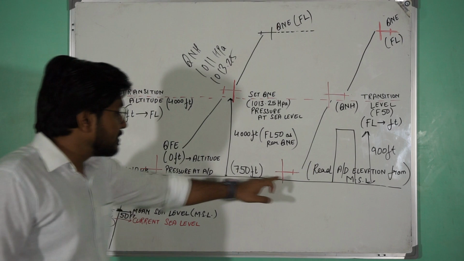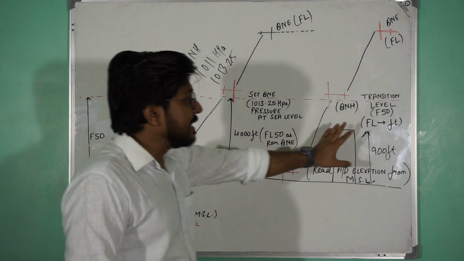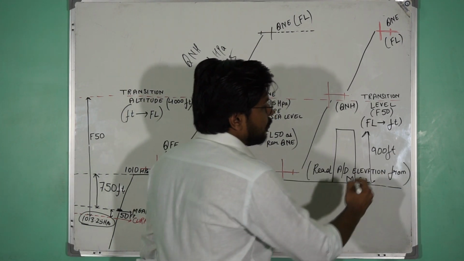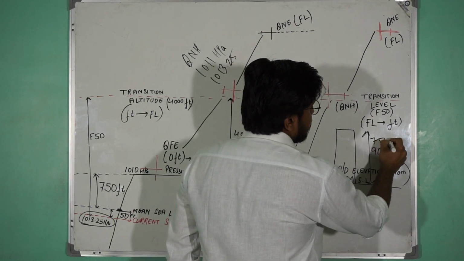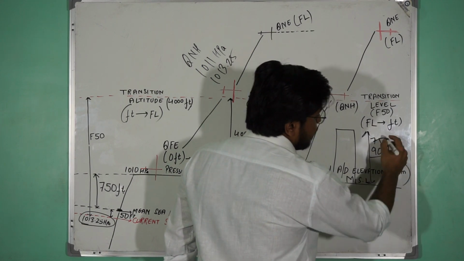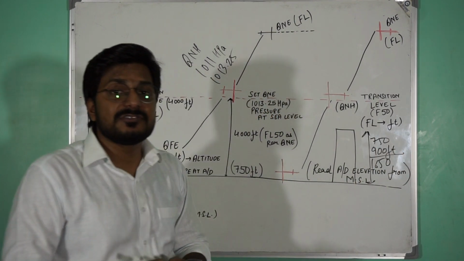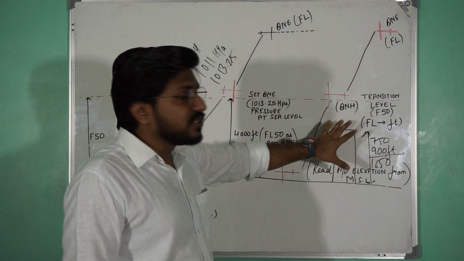But because the aerodrome is also at 750 feet from the mean sea level, the aircraft database will add the 750 over it and you will get 1650. That means that obstruction is at 1650 feet.